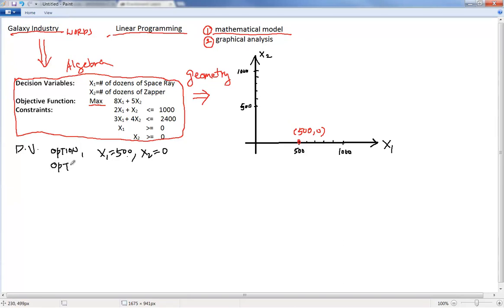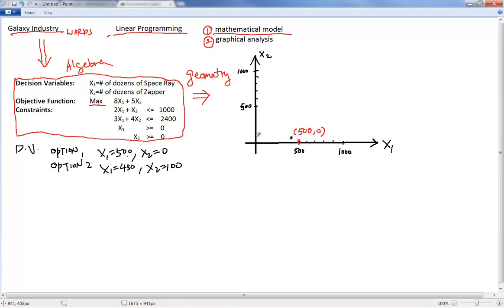Again, recall x1 equal to 450, x2 equal to 100. So similarly, to find that point in this two-dimensional coordinate system is to find where x1 will be somewhere here, x2 is 100, somewhere here, so it will be a point about here.